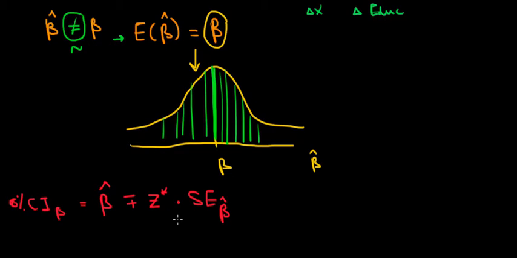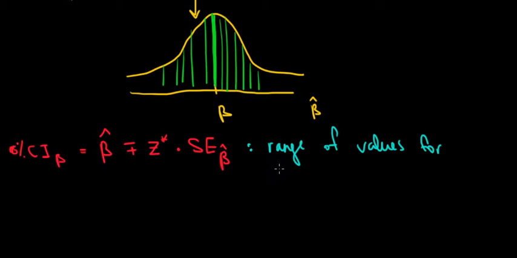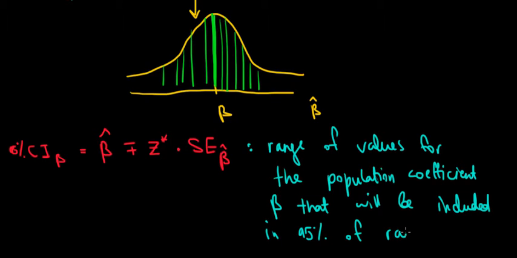And what does this show us? Let's write that down because this is really important. That shows us a range of values for the coefficient beta, so for the population coefficient beta, that will be included in 95% of random samples.